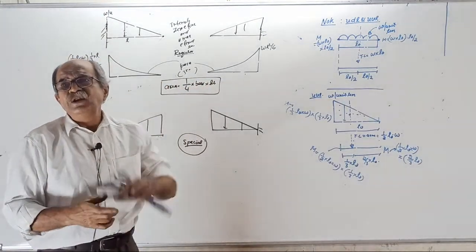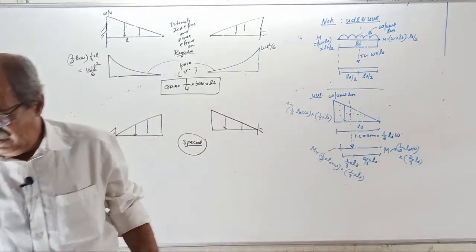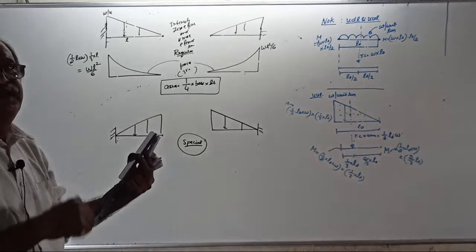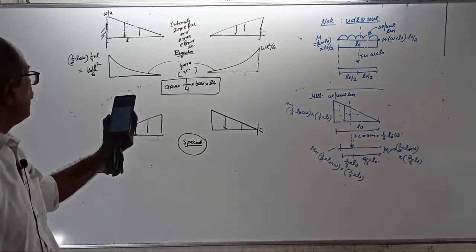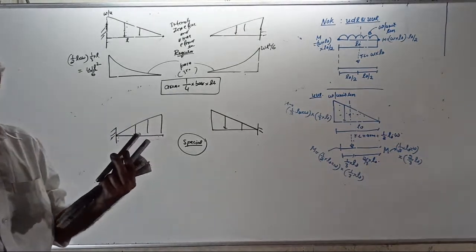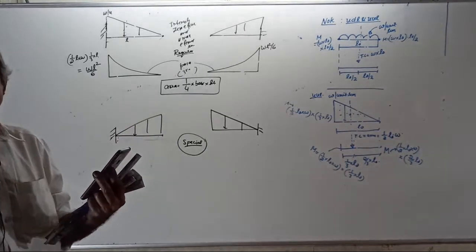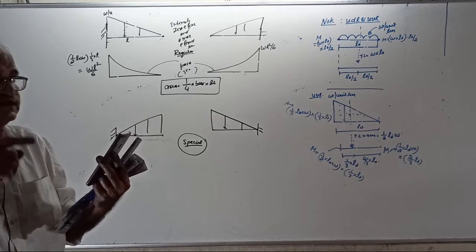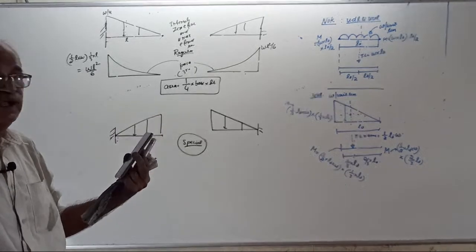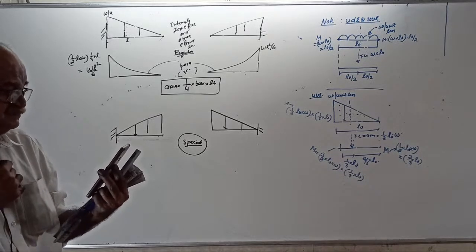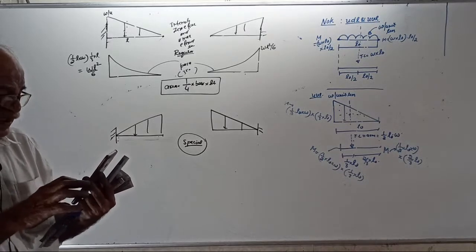Area is 1/4 of base into height, not 1/3. It is a derived formula. Area is 1/4, not 1/3. Clear?